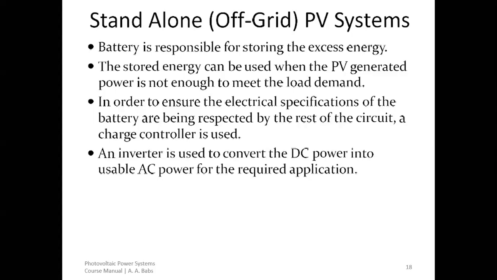The charge controller ensures that the battery is not overdrawn. It ensures that the battery is also not overcharged. This is very important. Then an inverter is used to convert the DC power into usable AC power for the AC load that the user would have to make use of.